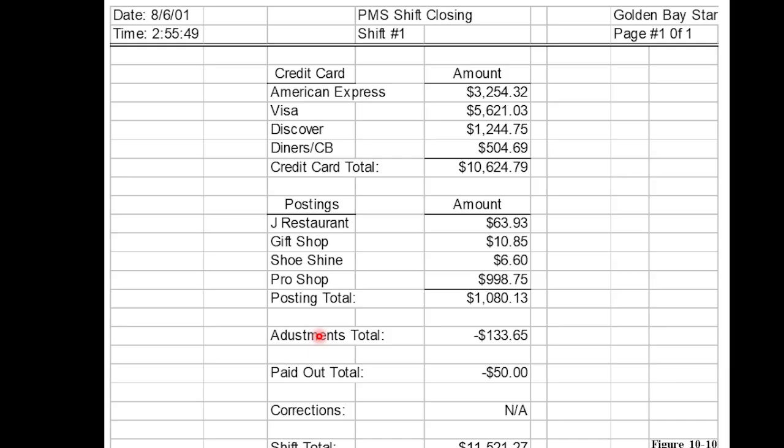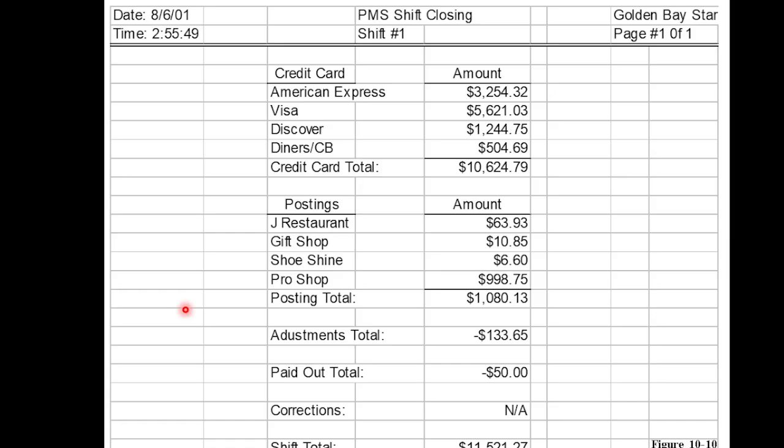Because cash leaves the hotel, it is shown as a negative amount. So if it's an expense, that means it's a paid out total. In this case, they have a paid out total of $50. Okay. So for corrections, so far there's none.